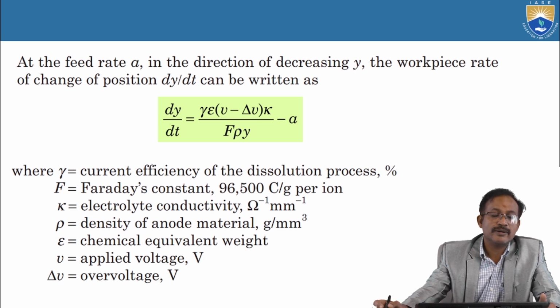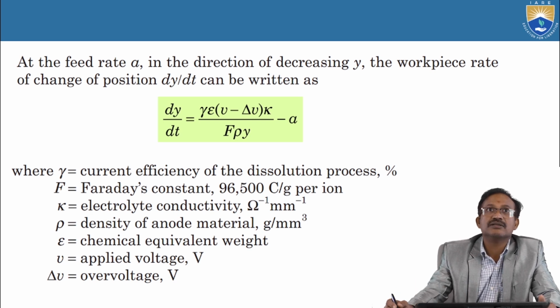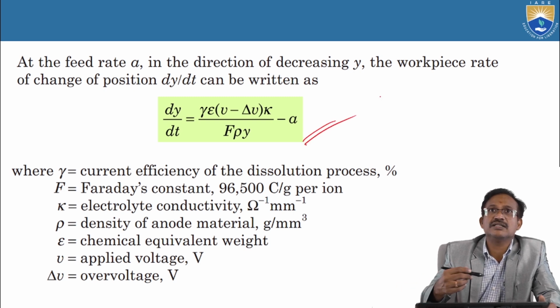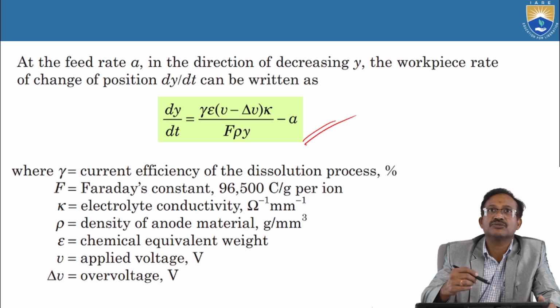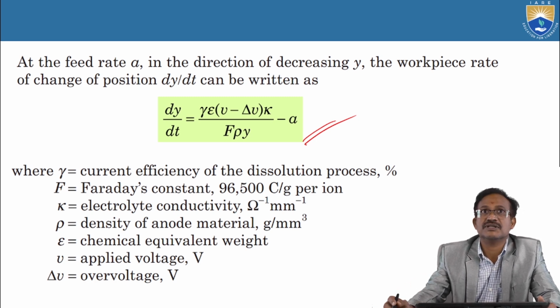At the feed rate A in the direction of decreasing Y, the workpiece rate of change of position dy by dt can be written as this. Directly differentiating with respect to time, we get this governing equation.